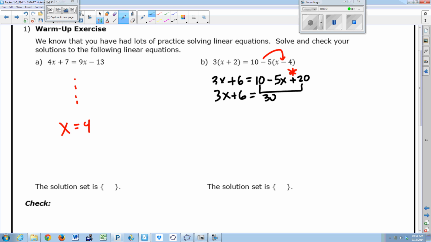So usually you want to put the 10 and the 20 together first. It's not necessary, because if you had added the 5x to both sides, you would have been left with the 10 plus 20. Then you would have combined it. That's okay. It's just this tends to be the standard way. But, you know, you can be a little bit of an outlier if you want and do it a little different. Okay, so someone else from here?